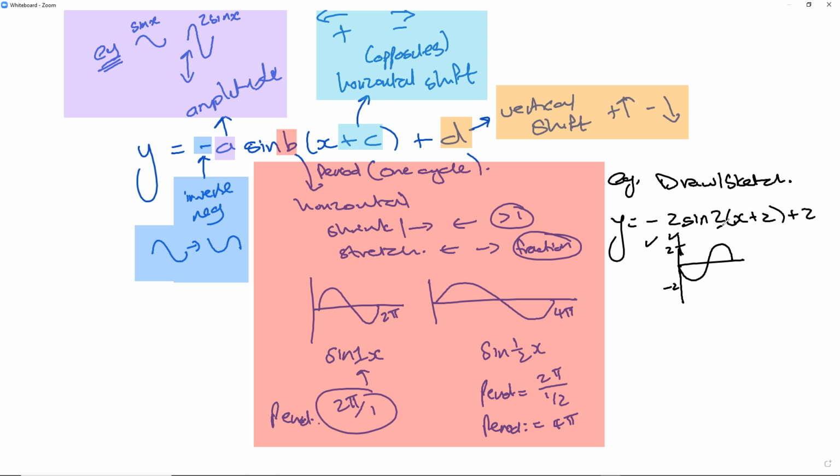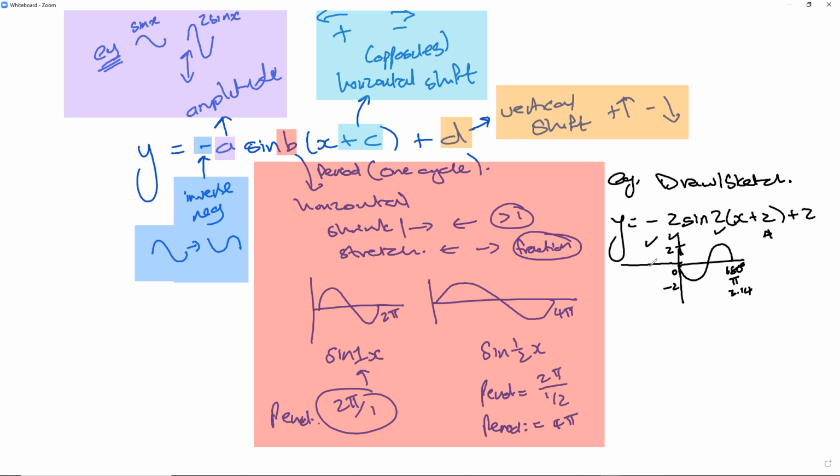Then after that, it says that the period is 360 divided by 2, which is going to be 180. So this graph is going to end at 180 degrees or pi. But then we take the whole graph and we shift it 2 units. Let's keep it in radians. So if we shift it 2 units, this is 3.14. This is 0.